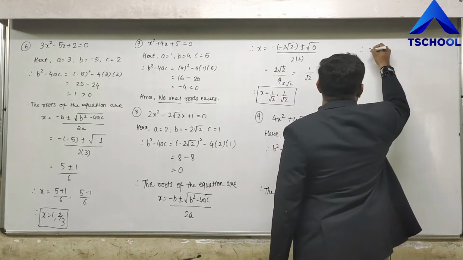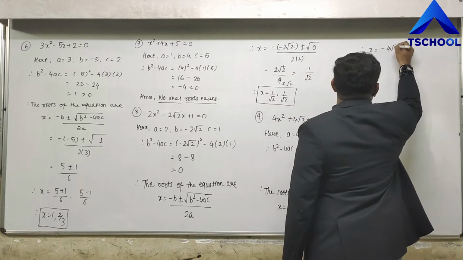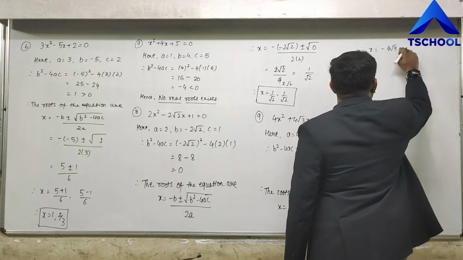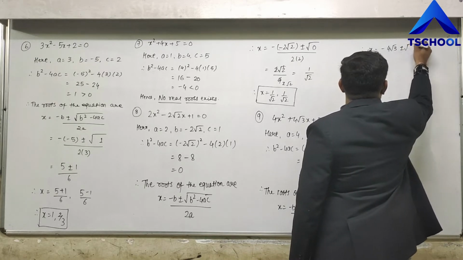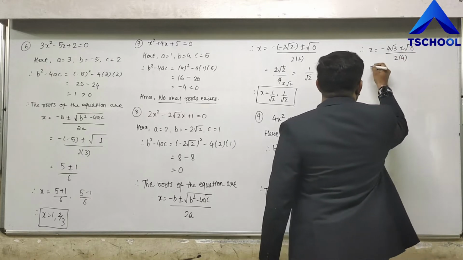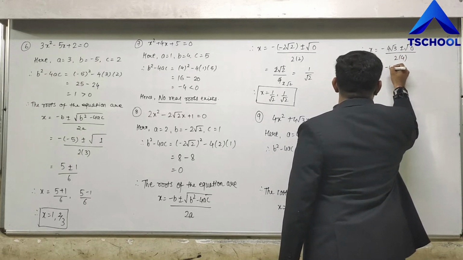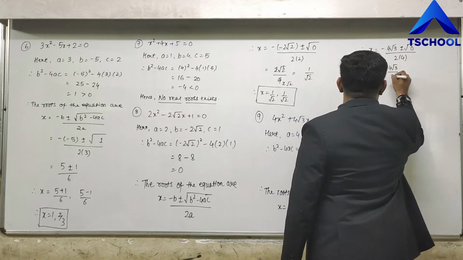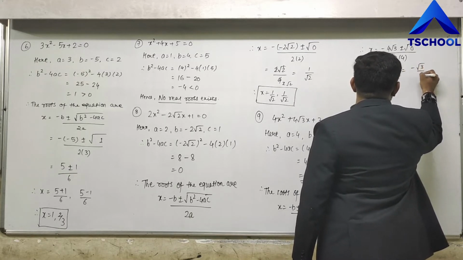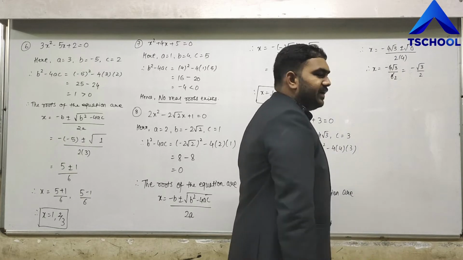Therefore x equals minus 4 root 3 plus or minus root 0 upon 2 into 4. Therefore x equals minus 4 root 3 upon 8. So this can be cancelled, and hence that is minus root 3 by 2, right?